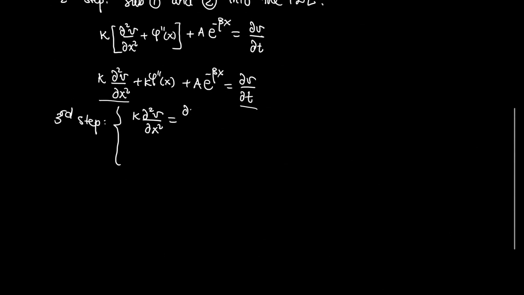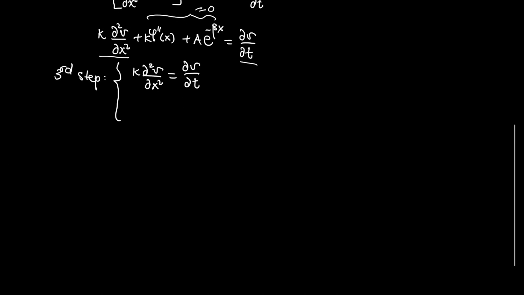But for that to happen, only if this term equals 0, right? Because if this term equals 0, then this equality is true. So you have k plus a equal to 0.